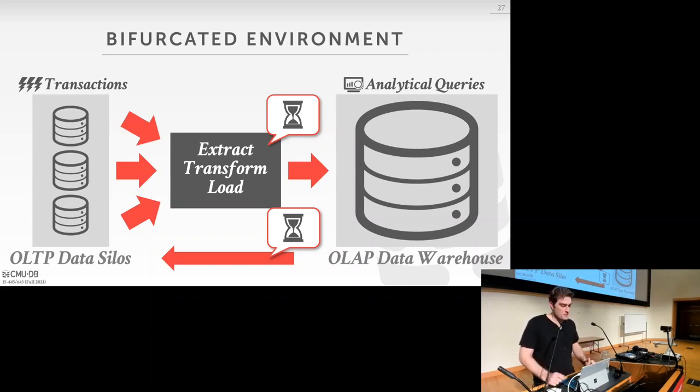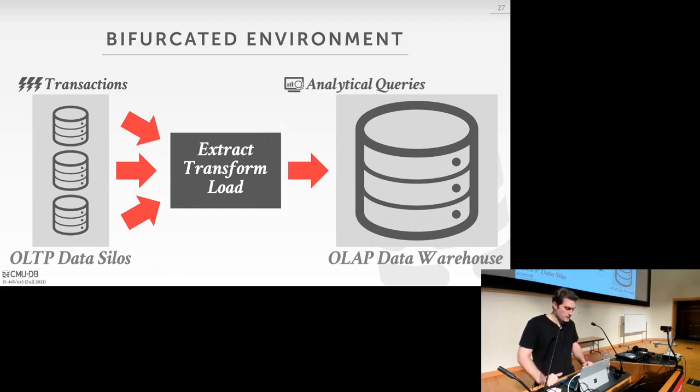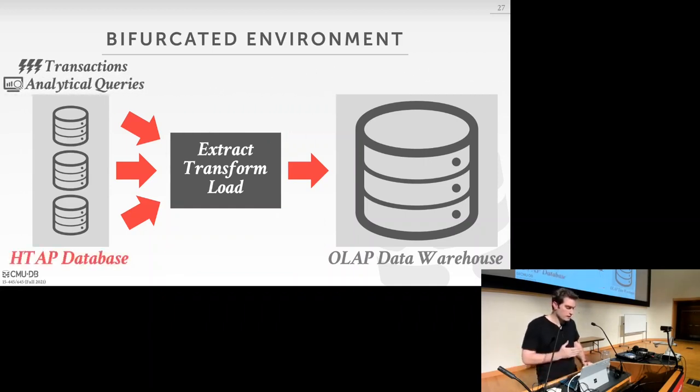In the Amazon example, maybe we run the analysis to figure out what products the CMU students have been buying. Then we want to push back from our data warehouse to the OLTP side product recommendations when you visit the web page for what to buy. So the idea of moving the analytical queries and having them execute concurrently with the transactional workload is what this HTAP idea is about.